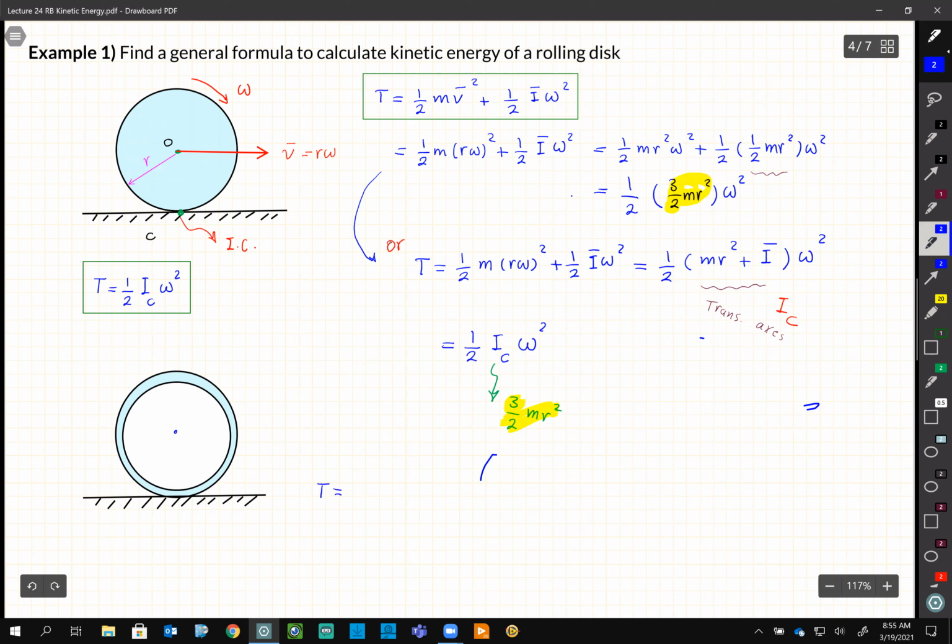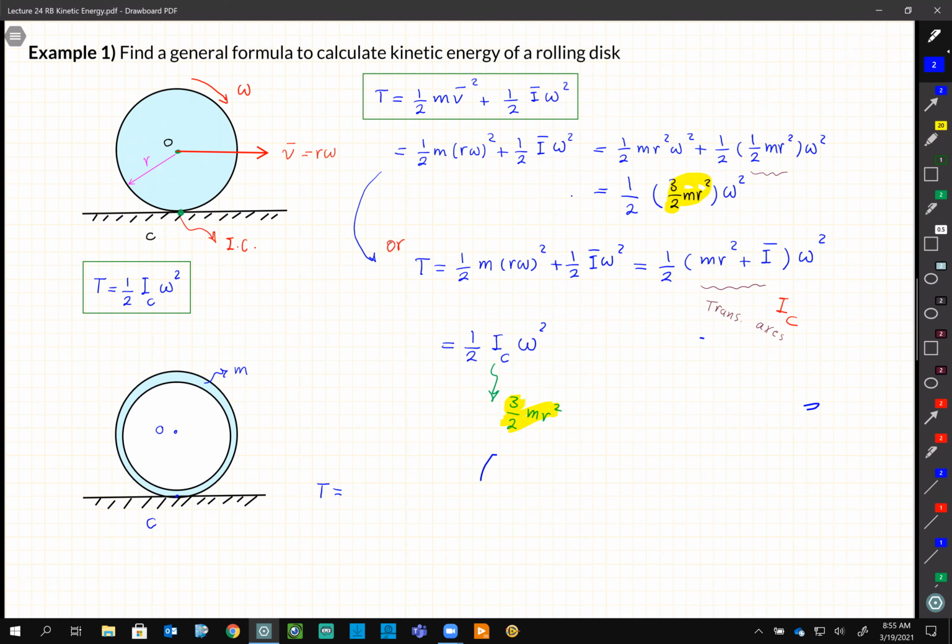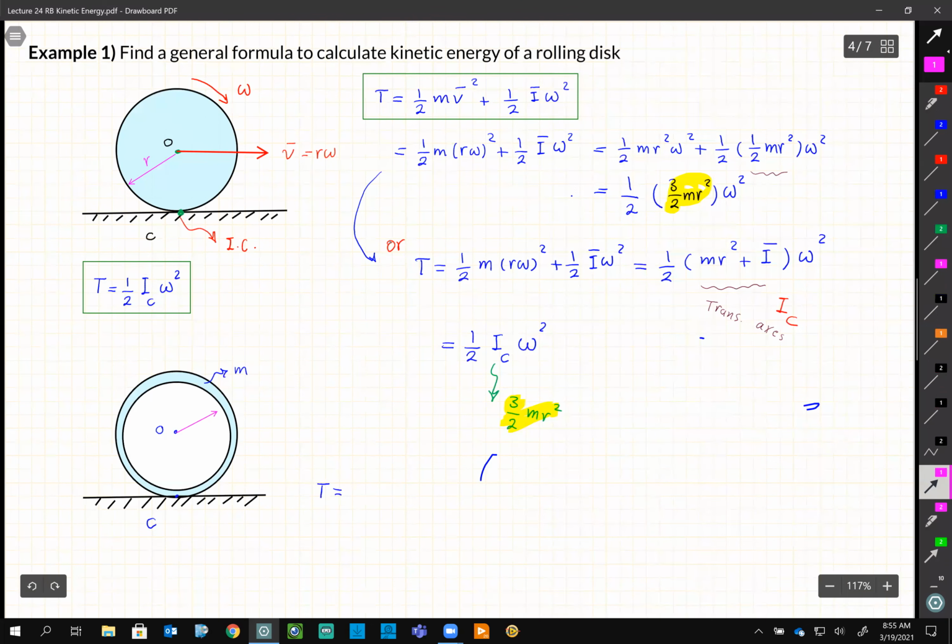So this is O. Let's call this one C. And the mass of this guy is M and the radius is R. And always remember, for a ring, the radius that we are talking about is the average radius. Not the outer radius, not the inner radius, the average radius.